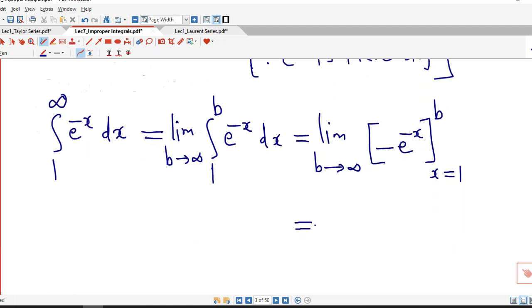So now we put x equal to b first, upper limit: minus e raised to minus b, minus of minus e raised to minus 1, so it is negative negative positive, at x equal to 1.